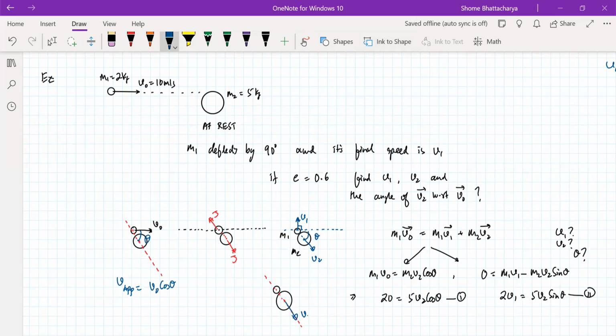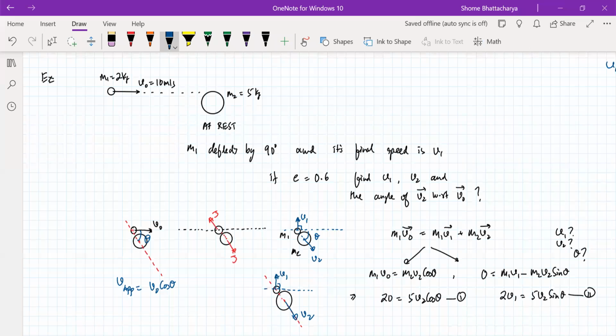Then this velocity v2 is along that center to center line because the impulse acts along that line. Whereas this body's velocity v1 is such that this angle is 90.